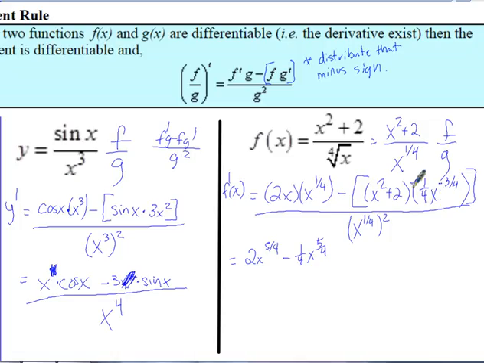What's 1/4 x to the negative 3/4 times 2? Positive or negative? Again, because of that minus sign. So minus 1/2 x to the negative 3/4. All of that over, what do I do here? To the half. So it's going to be x to the 1/2.